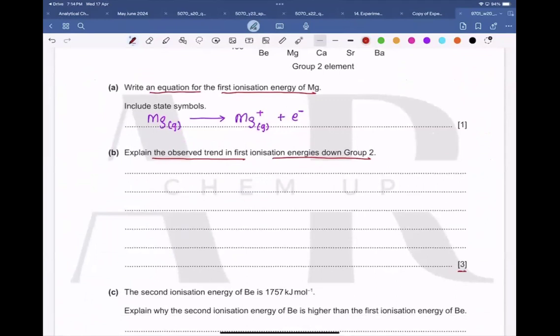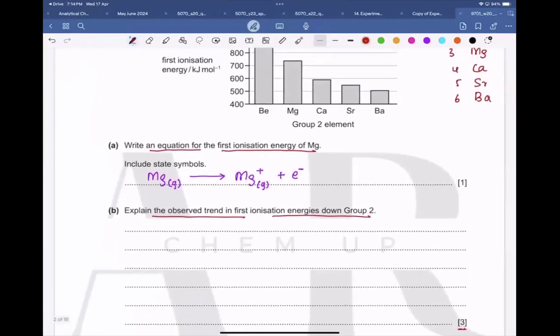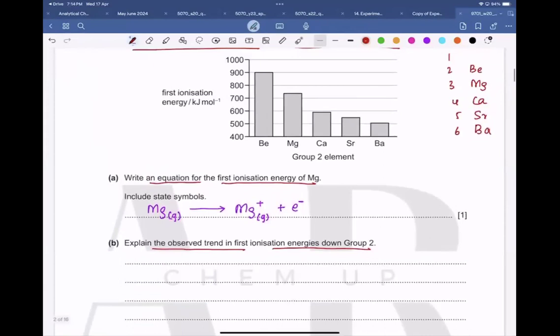So you have to write 3 points that explain why this trend is observed. So if you observe the trend, the trend is decreasing.